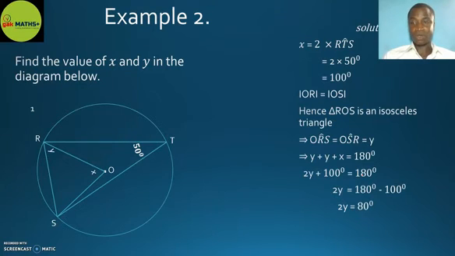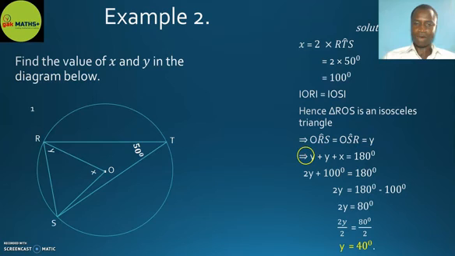Our main focus is to find the value of y and not 2y. So we divide both sides by the coefficient of y, which is 2. So we have 2y is equal to 80 degrees, both divided by 2. And that gives us the value of y to be equal to 40 degrees.